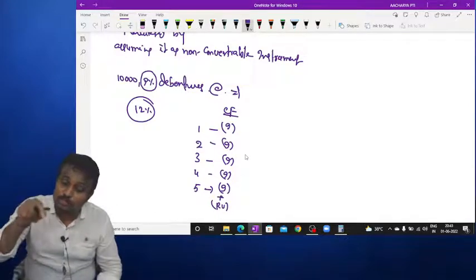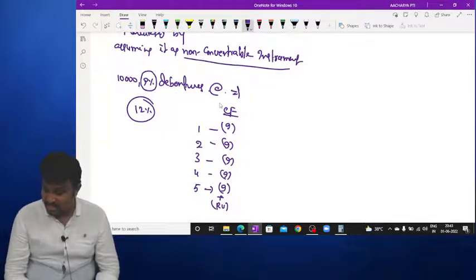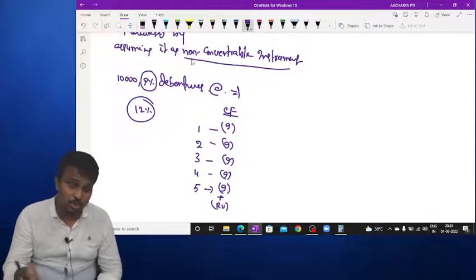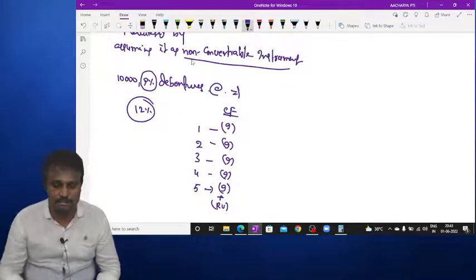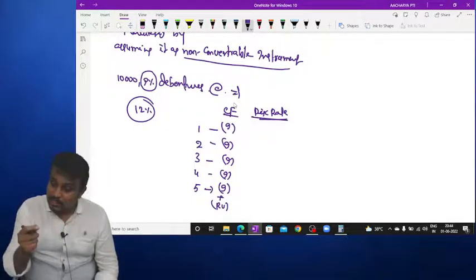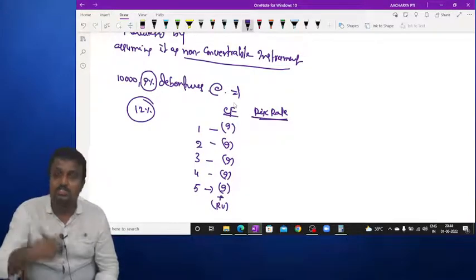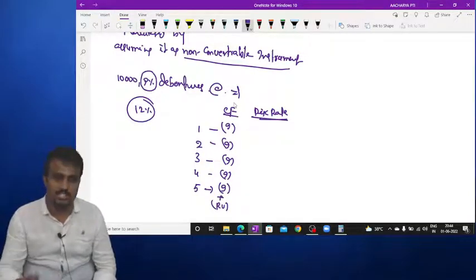Remember, if you assume it as a non-convertible debenture, these present values of cash flows are calculated by assuming that the instrument is non-convertible. Then what is the discount rate to be considered? The discount rate is the rate of interest of that instrument if it is not converted into equity shares after some period.